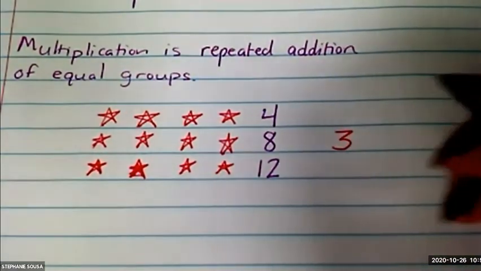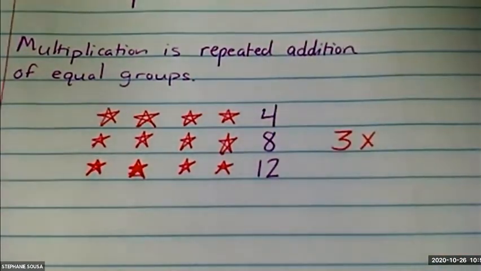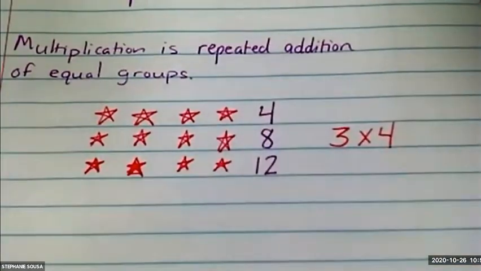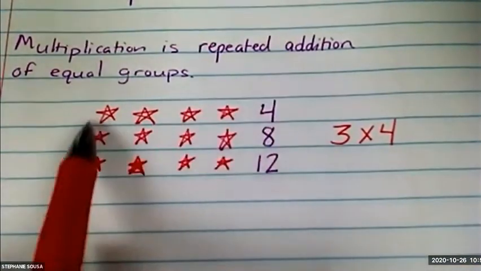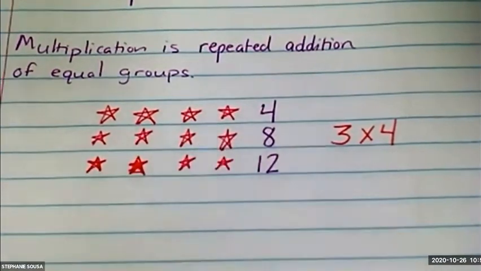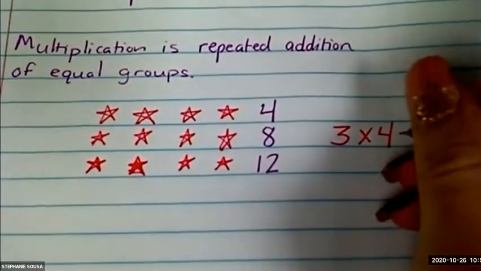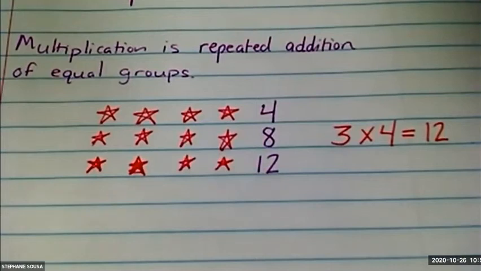This can be represented as 3 times, and we have 4 items. 3 rows with 4 items. So 3 times 4, because we have 3 rows or 3 groups of 4 items. We already know that this equals 12 because we've already counted up our items. 3 times 4 equals 12.